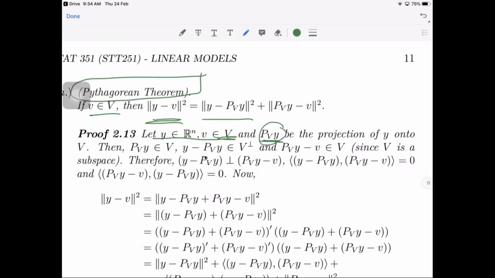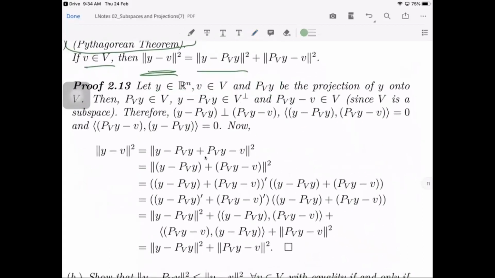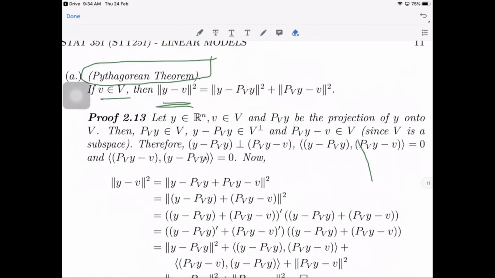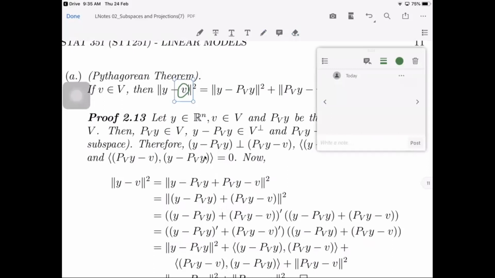Si projection o si V, pareha sila naa sa V, sa subspace V. So, this V is not necessarily be the projection, no? This is another vector in V.